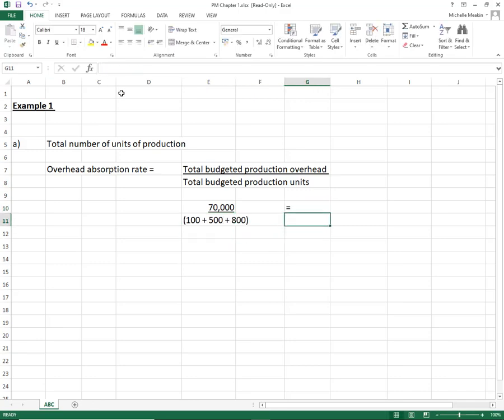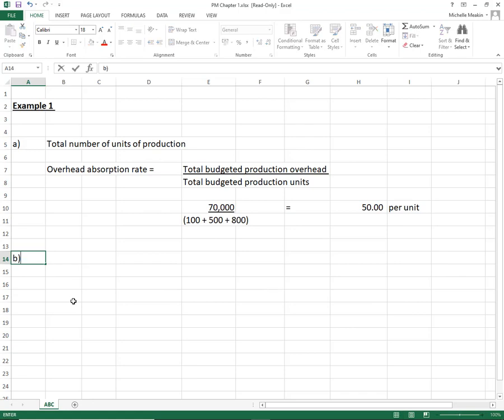You will divide the cost of 70,000 by the budgeted production. That gives me £50 or $50 per unit using a traditional approach.